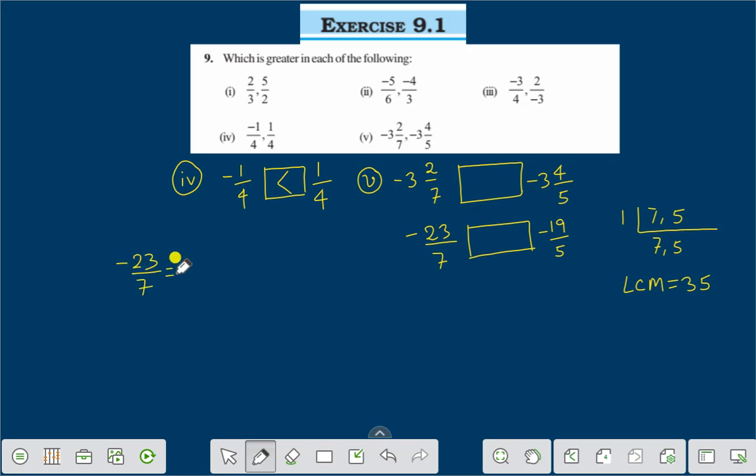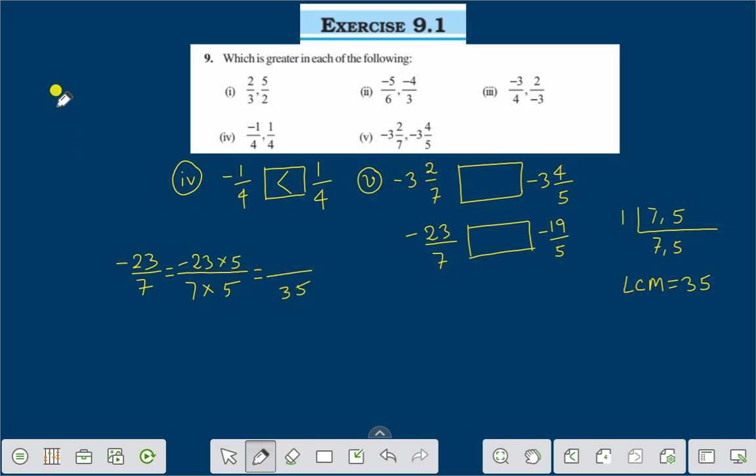If we divide the LCM by 7, 5 sevens are 35, so you have to multiply the numerator and denominator by 5. That is 7 into 5, and minus 23 into 5. 5 sevens are 35.